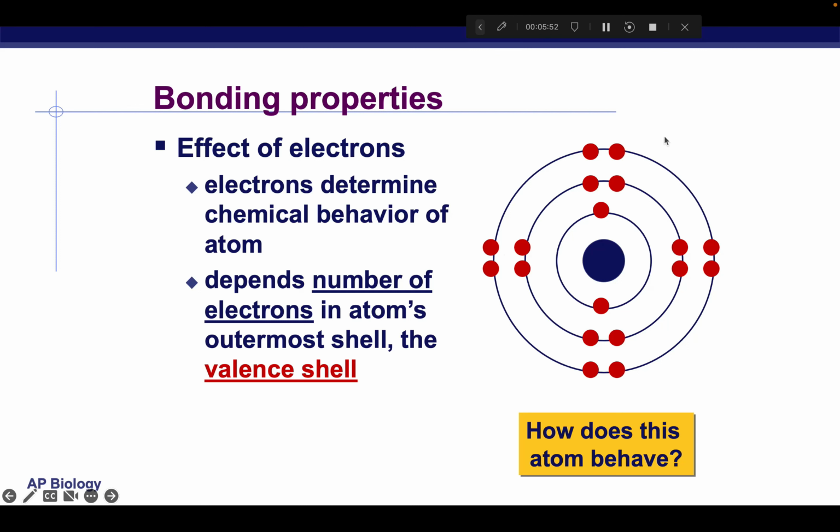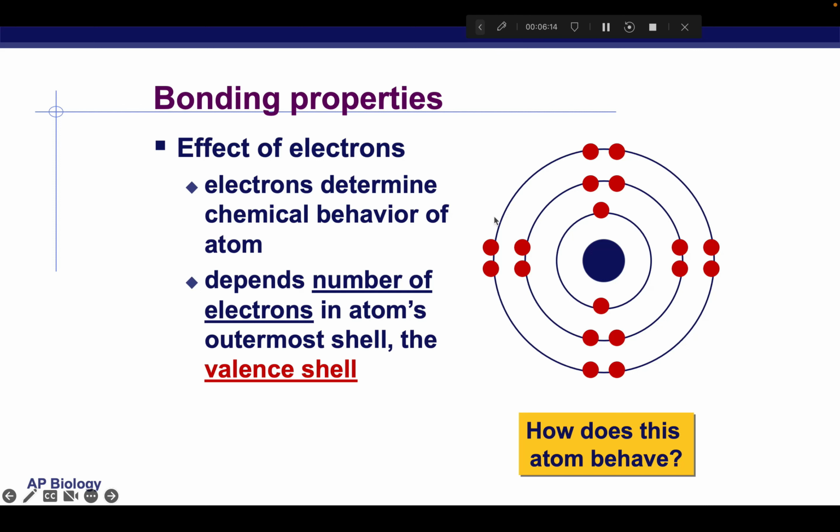So here's an atom, and you can see the electrons distributed around the different energy levels, orbits, or shells. And bonds specifically have to do with these electrons, represented by red dots, in the outermost shell. So here's the nucleus, this blue chunk in the middle, and the outermost electrons are in what we call the valence shell.